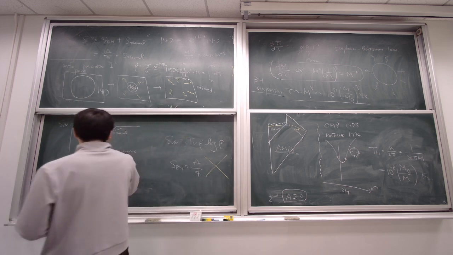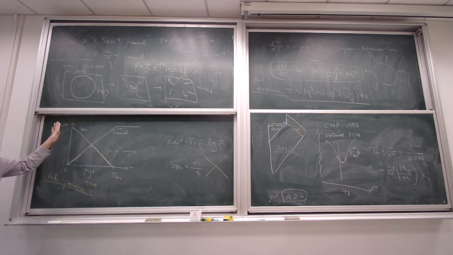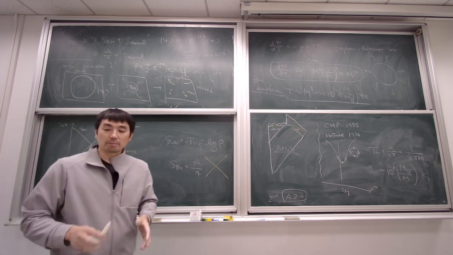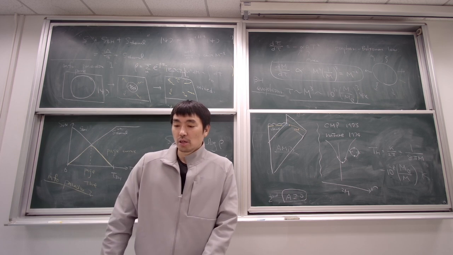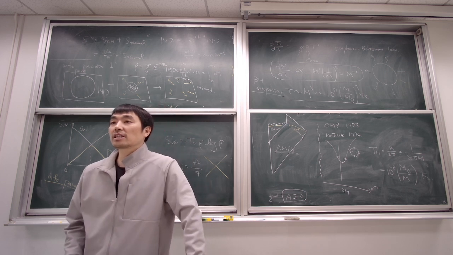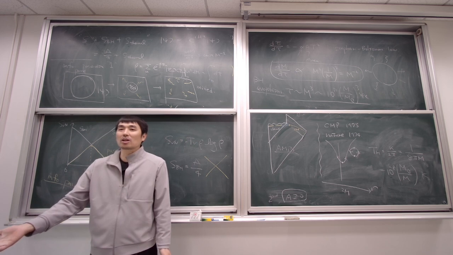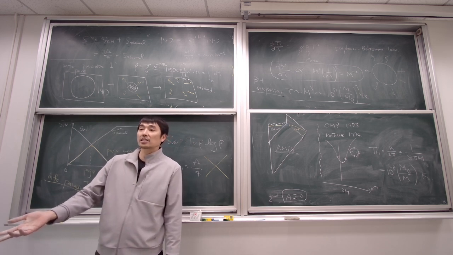So I tried to explain what the Page curve means and what the meaning of von Neumann entropy is, and next time I will briefly explain why the Page curve has to be correct quantum mechanically. After that, I will move back to mostly classical GR.